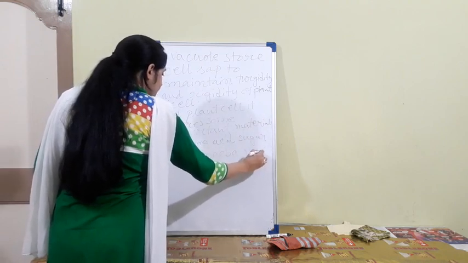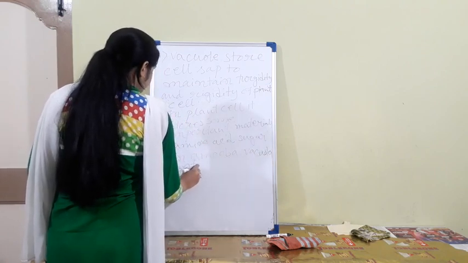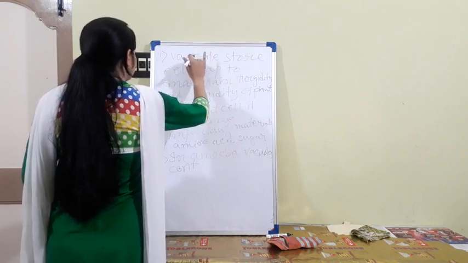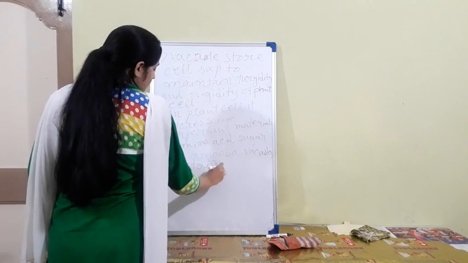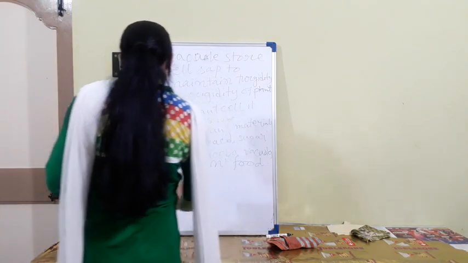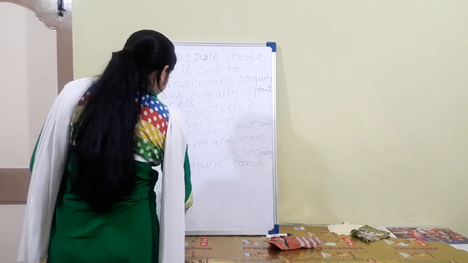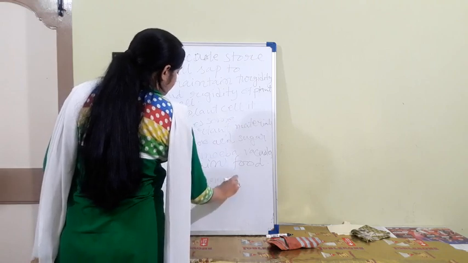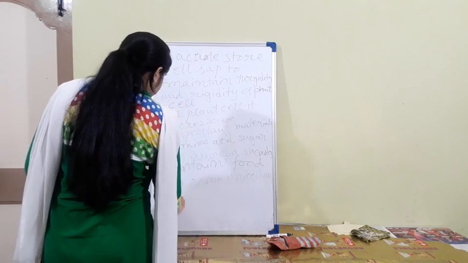Number 3. In amoeba, vacuoles contain food, in some unicellular animals.